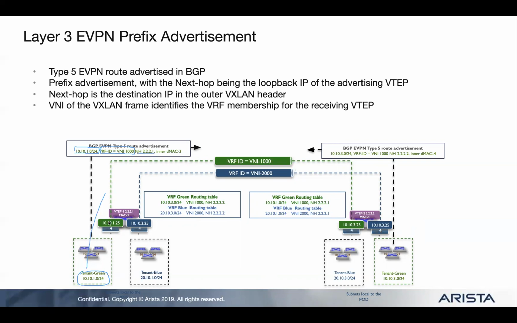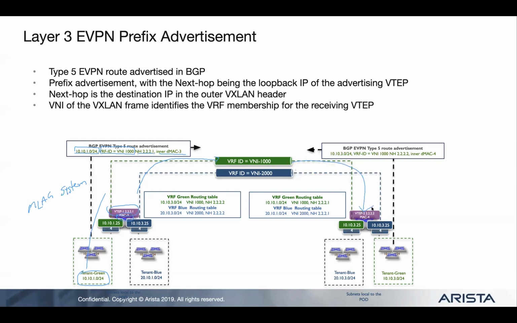Next hop is 2.2.2.1, which is the VTEP IP from which it is generated, and the inner destination MAC is basically the MAC of this VTEP. We are using the MLAG system ID, so the MLAG system ID will be used to advertise this route to this site.